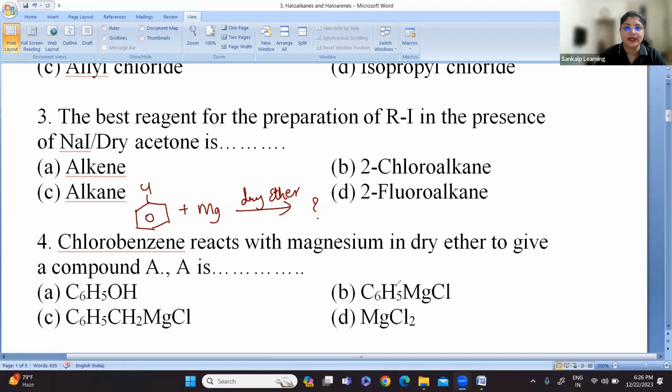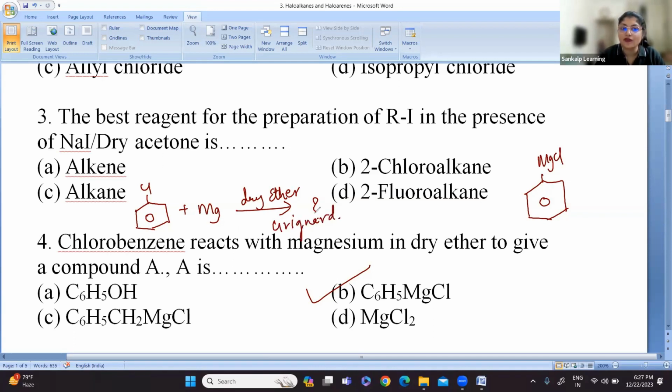Yes, it is B. Good. Srishti, Sita, Vedvati, Nikita have answered it right. It is C6H5MgCl. So it is RMgX, right? This is a reaction called Grignard reaction.